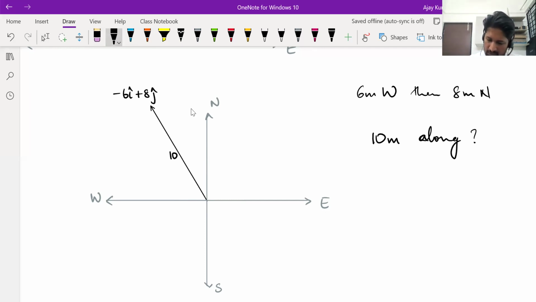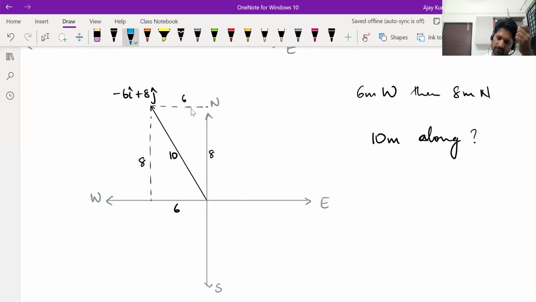The x component is minus 6, but its magnitude is 6 units. The y component has magnitude 8 units. Vector is there, you have to automatically visualize its components. So 8 this way and 6 to the left, so minus 6 actually. On this side, this will also be 8 and this will be 6.